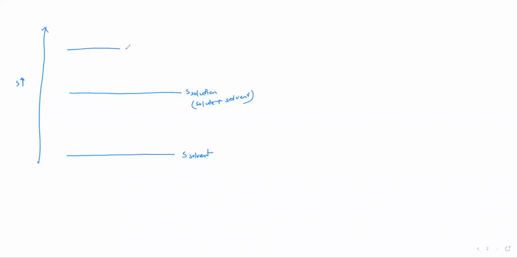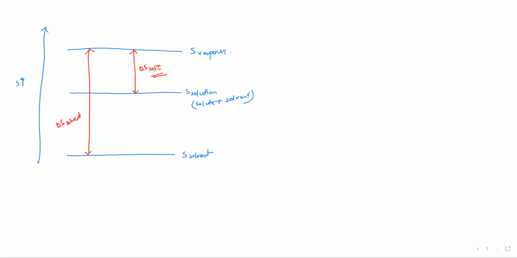And this one represents vapor phase. Now this difference you can write as del S of solvent, and this difference is del S of solution.